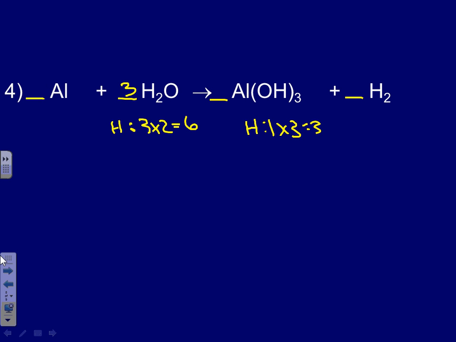This is super evil. This is one that I would maybe give the grade 11s. Well, we're this far now, let's keep going. I'm going to want to change this number. How many H's have I got here? 1 times 2 is 2.